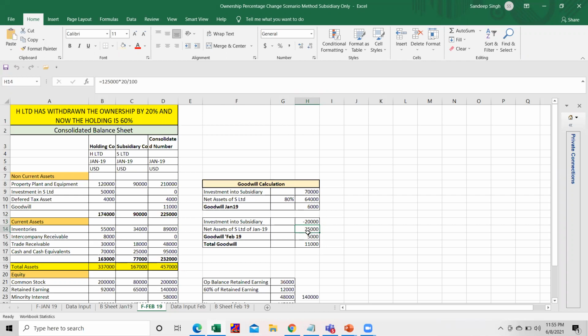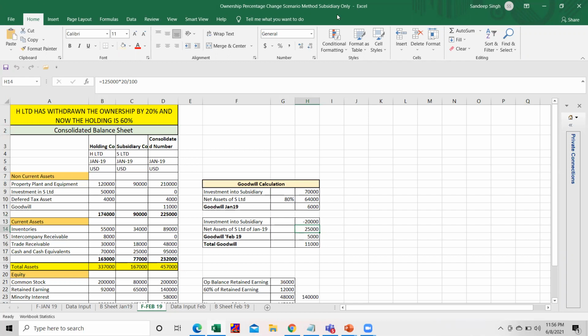And similarly, the net assets of S Limited, because this time it is 1,25,000, because it will consider the retained earning till the date of acquisition or release of acquisition. So this time this amount becomes 1,25,000.